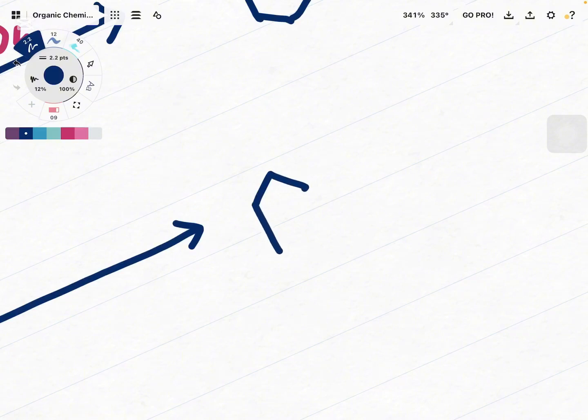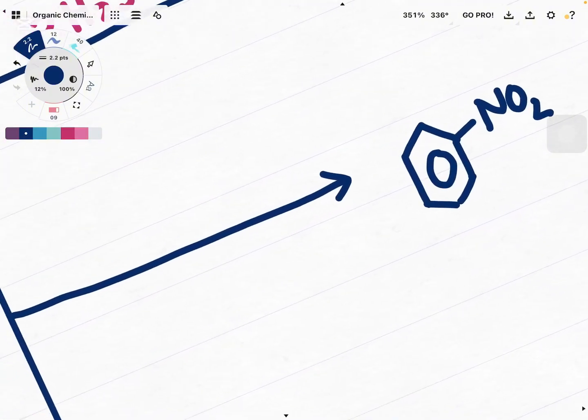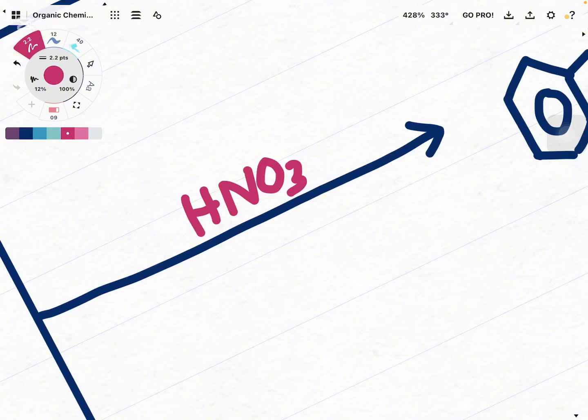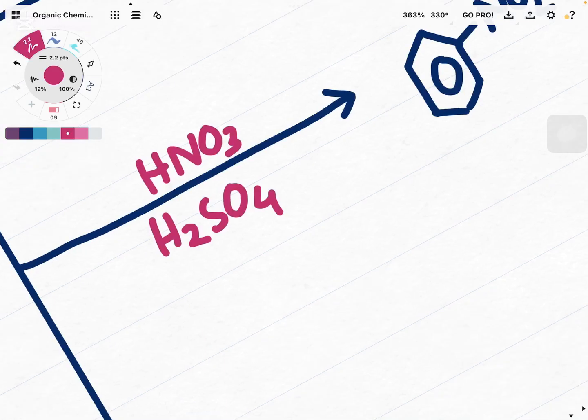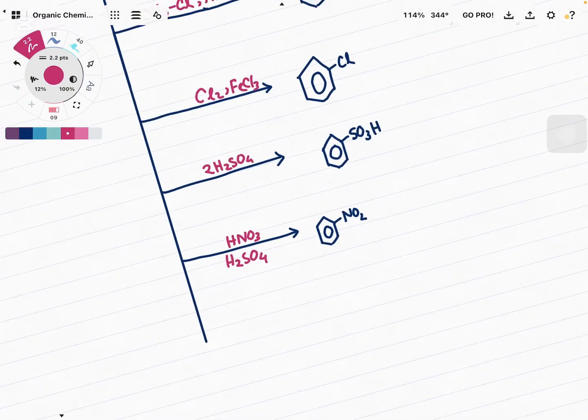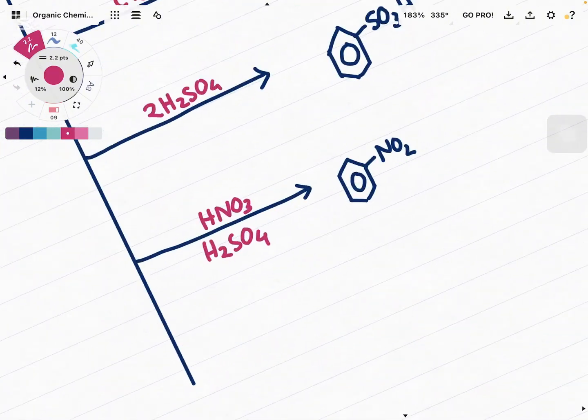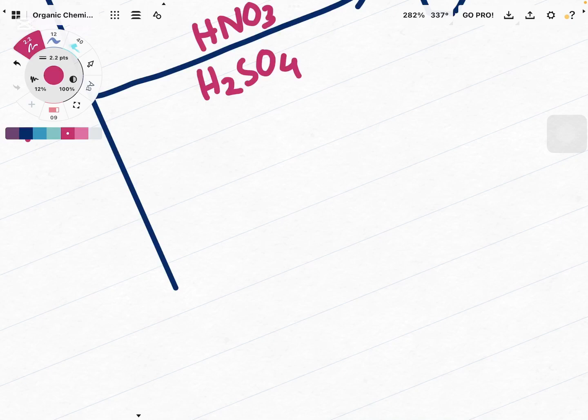The catalysts are nitric acid and sulfuric acid. Okay, that's it. We will have further reactions from these elements and compounds, but first complete this reaction, I guess.